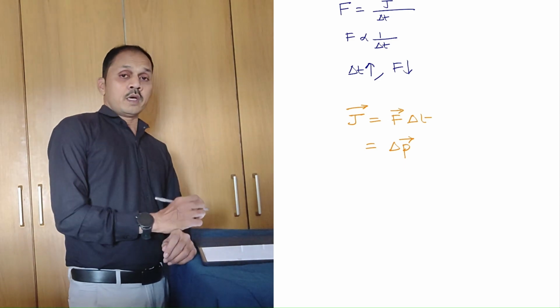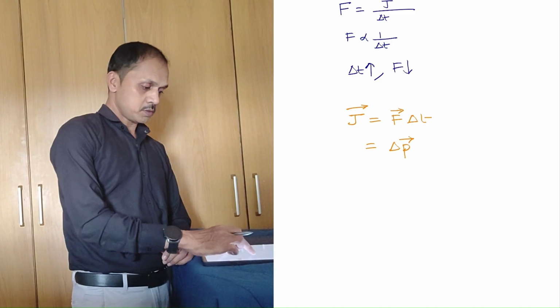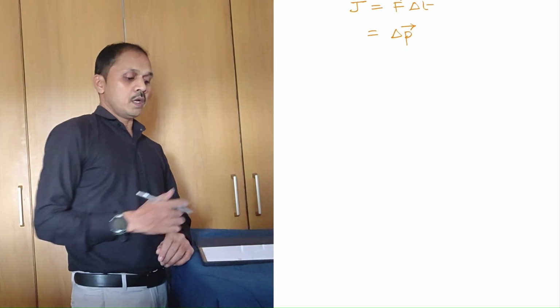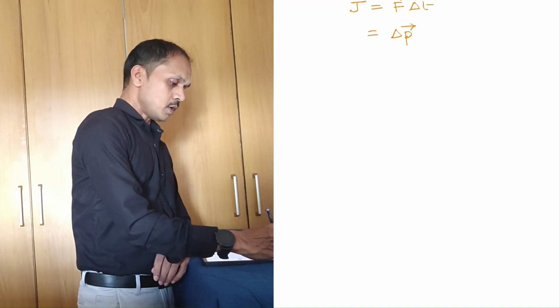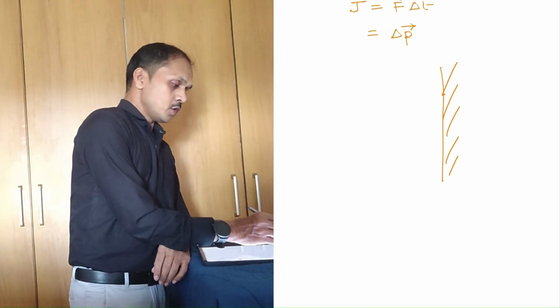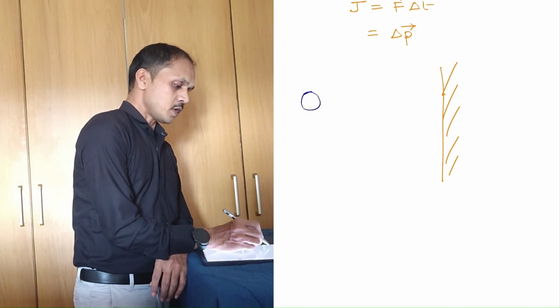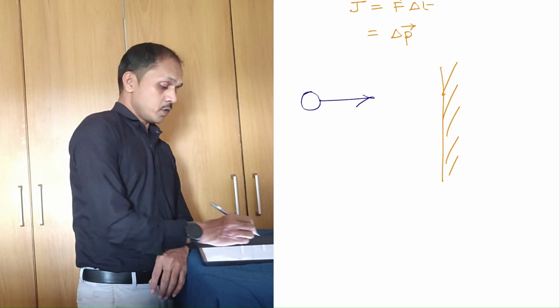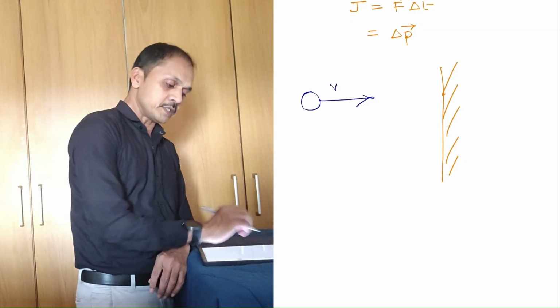Okay. Now let us try a question to find out impulse. Imagine there is a rigid wall. You throw a ball towards it, which is traveling with a speed v. Now it comes and hits the wall.